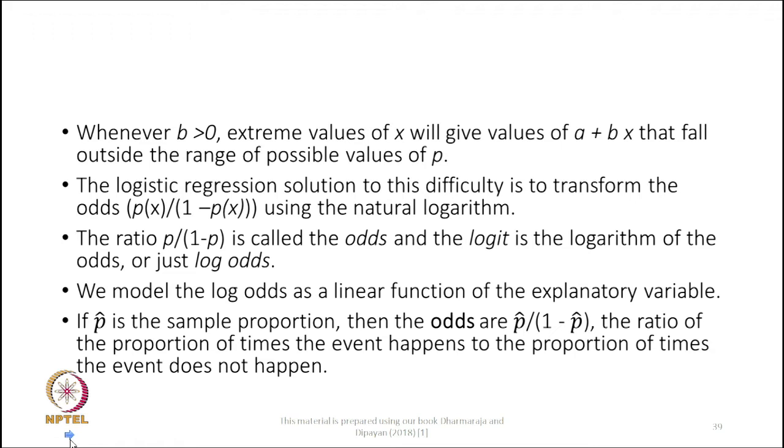That is the ratio of the proportion of the times the event happens to the proportion of the times the event does not happen. The odds are p cap divided by 1 minus p cap, the ratio of the proportion of the times the event happens to the proportion of the times the event does not happen. That is the odds.